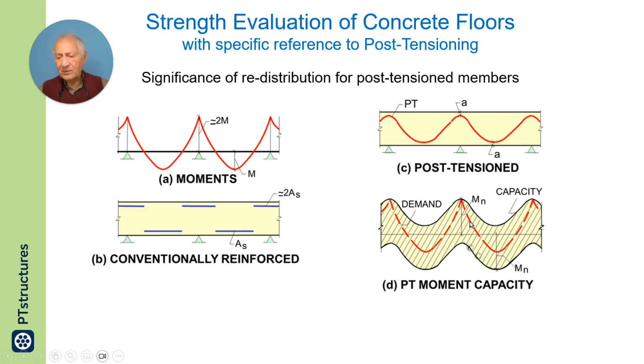So when you match the demand, which I have shown here, over the capacity which is hatched, invariably you end up with over capacity. So it works well if you pull the dotted red line down. You have the option.